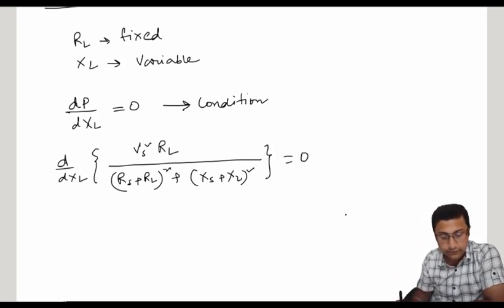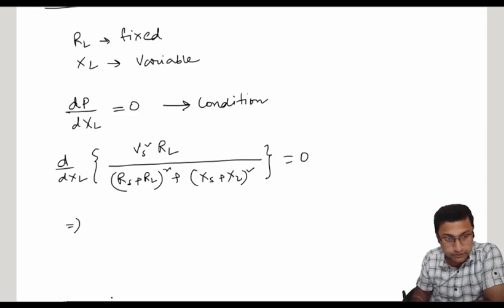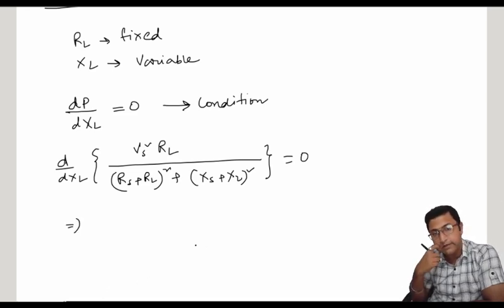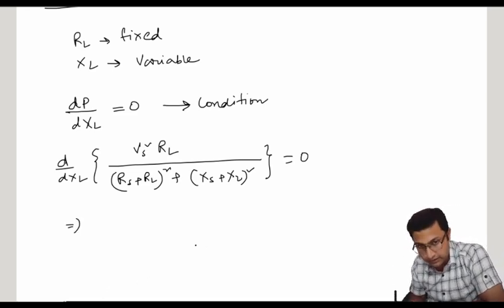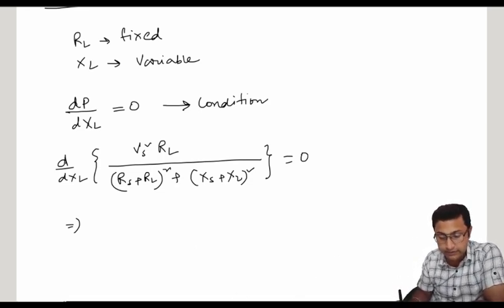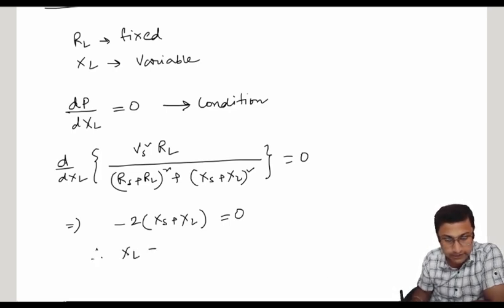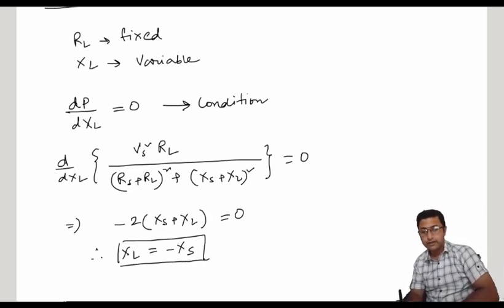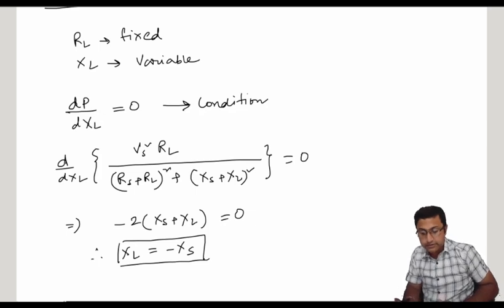So by solving this, simply the derivative action, nothing else, we can write minus 2 times (Xs plus XL) is equal to 0, and therefore XL equal to minus Xs.